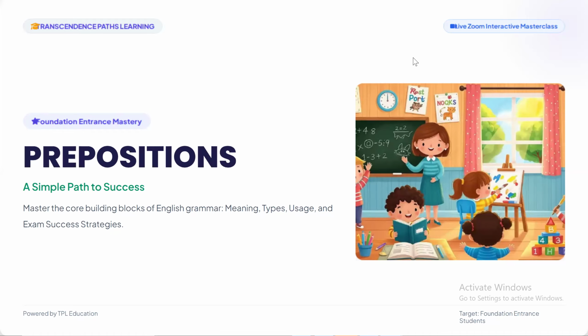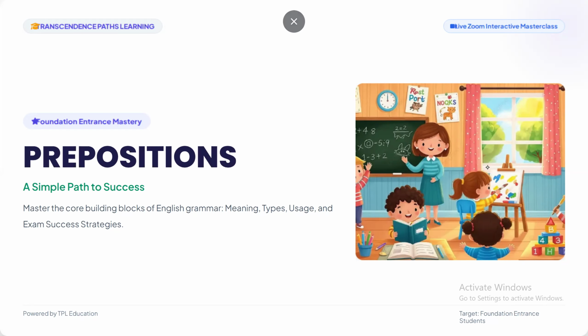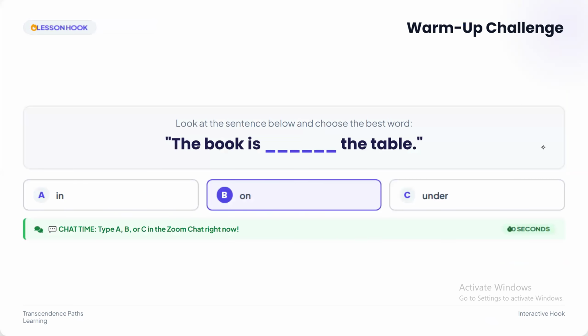So the essence of this lesson is to practice what a preposition is, and master the core building blocks of English grammar, meaning types, usage, and exam success strategies. Okay. So before we proceed, let's look at this sentence below. Choose the best word.